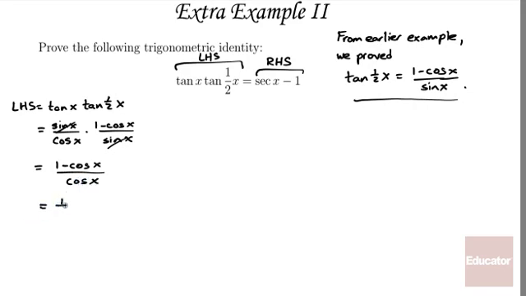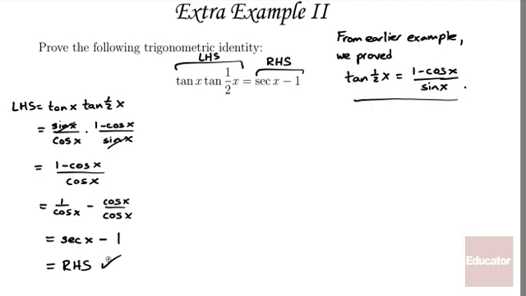And if I split that up into 1 over cosine x minus cosine x over cosine x, then 1 over cosine, by definition, is secant x. And cosine over cosine is, of course, 1. And look, we've transformed it into the right-hand side.